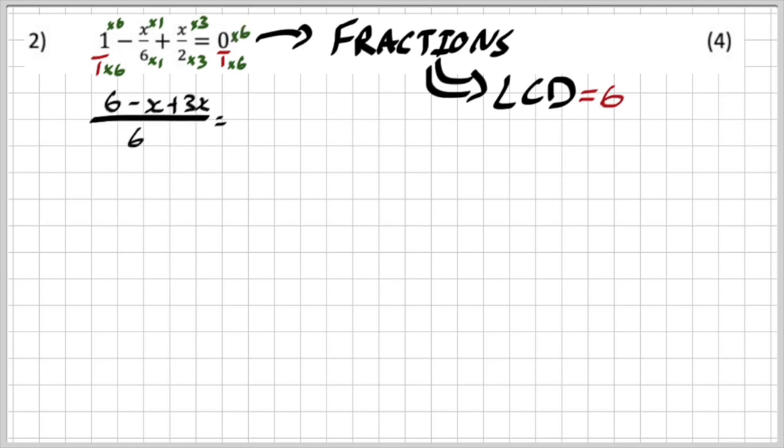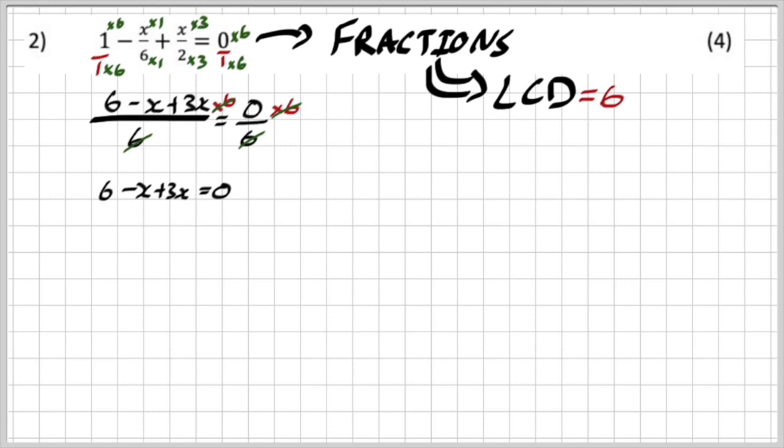So on the left, I've got 6 minus x plus 3 over 6 equal to 0 over 6. Multiply straight through by my LCD. So therefore, I'm left with 6 minus x plus 3x equal to 0.